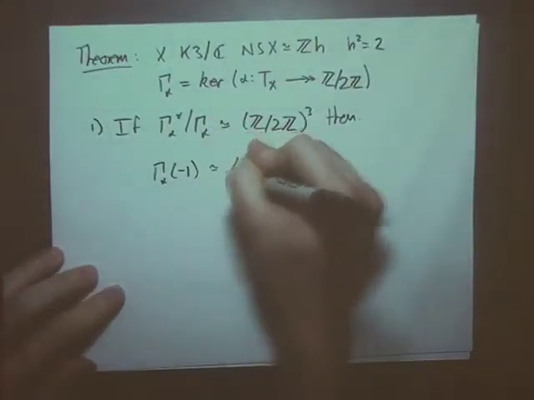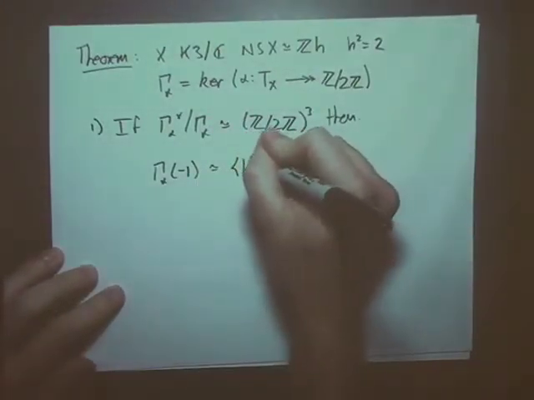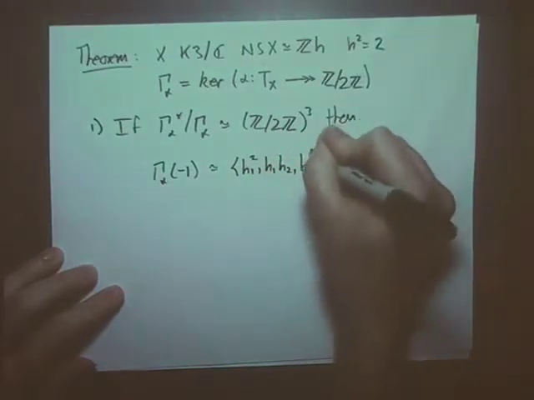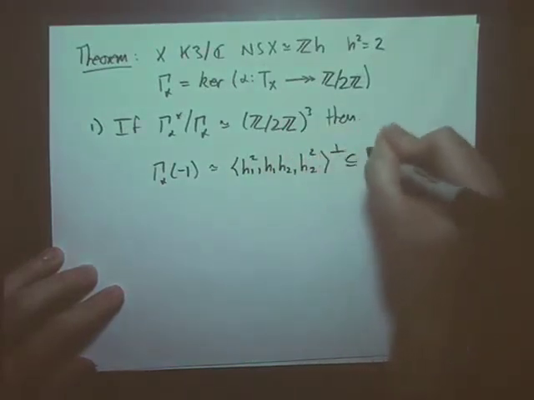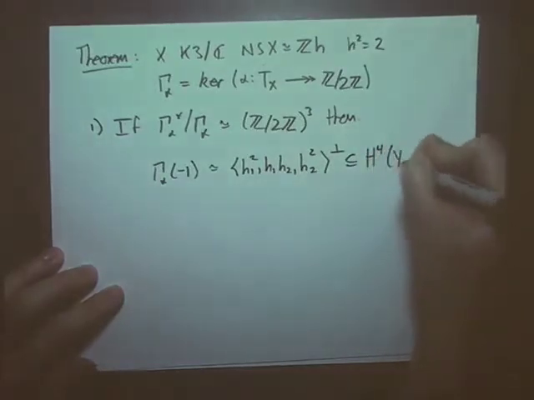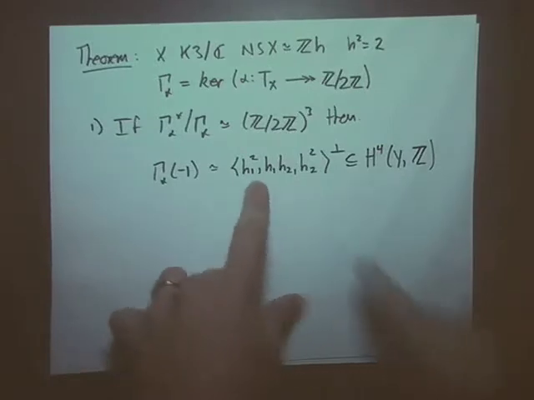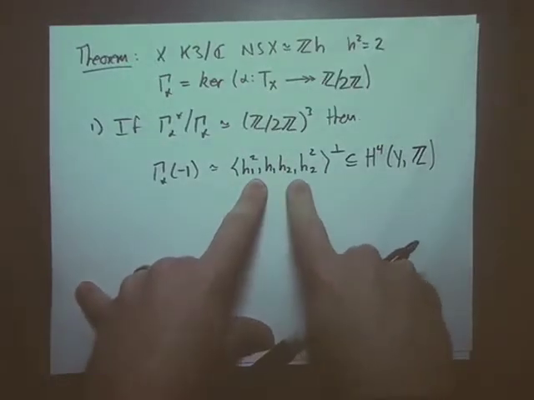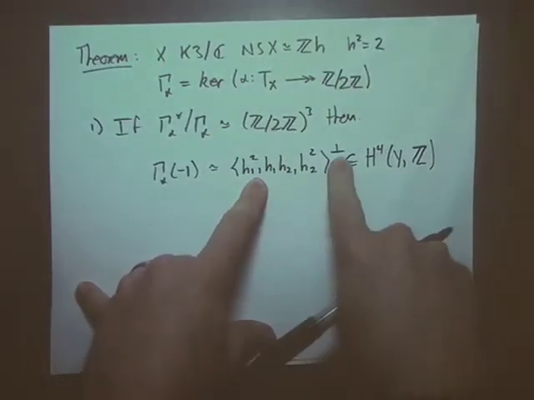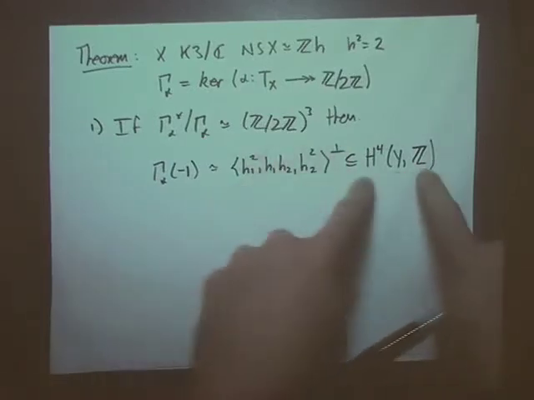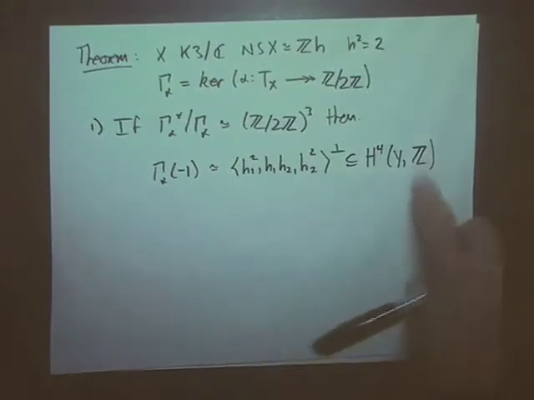I'll write it down and then I'll explain in detail. So the perp, there's some fourfold y, and this is supposed to be my algebraic codimension 2 cycles, and then I'm taking the orthogonal complement. So this is the transcendental cohomology of some fourfold y.